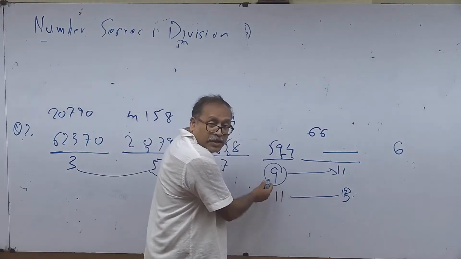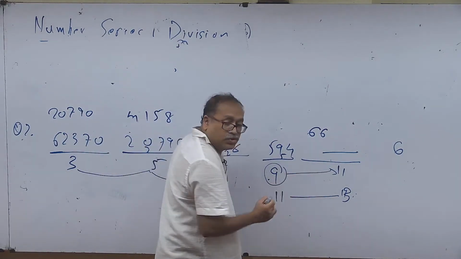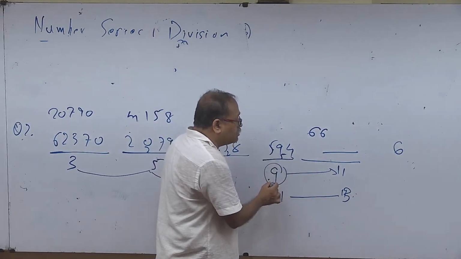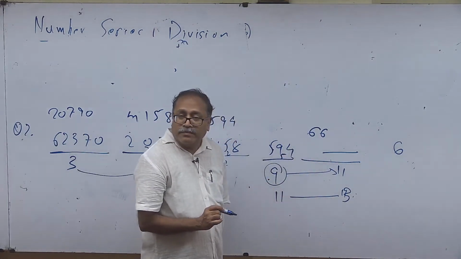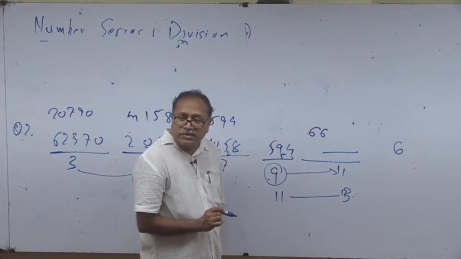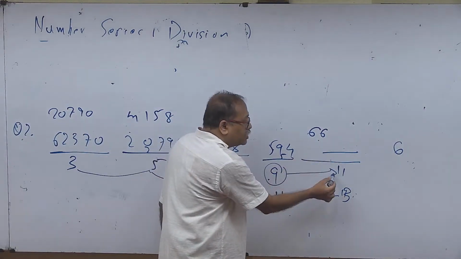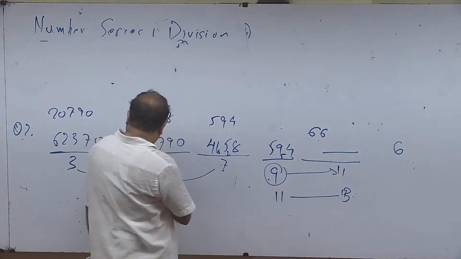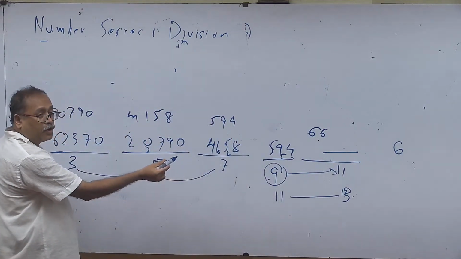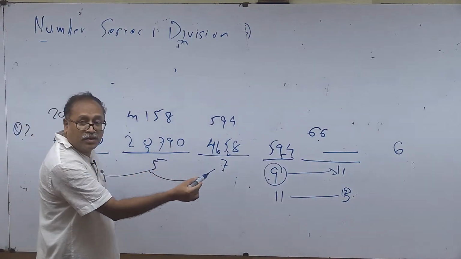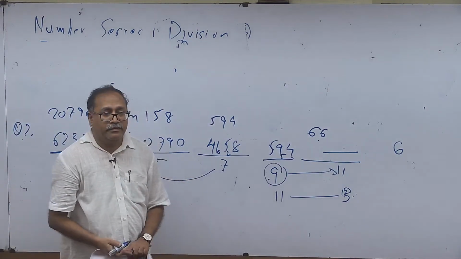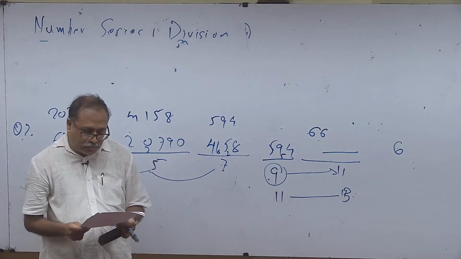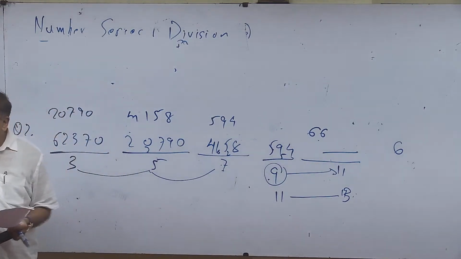If you divide this by 9, the next division should be 11. When I divide this number by 9, I got 66, and now 66 divided by 11, I am getting 6. That means the order of division is odd numbers: 3, 5, 7, 9 and 11. Okay. So this is about the questions based on division.